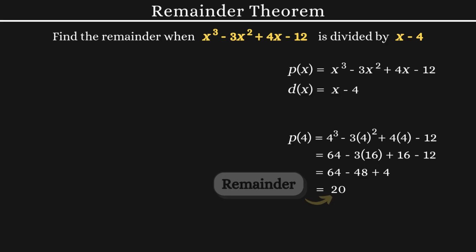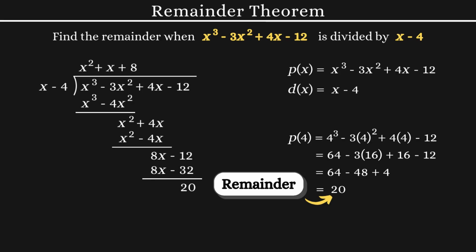So, our remainder is 20. On verifying with long division, we get a remainder of 20 again.